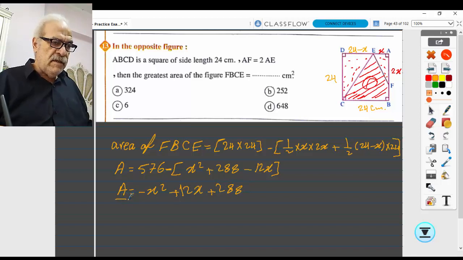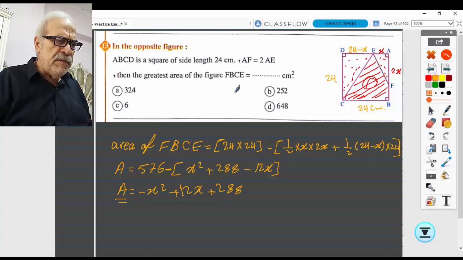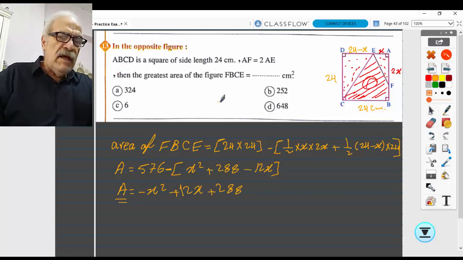Here is the area of the figure FBCE, and the required here is to find the greatest area.